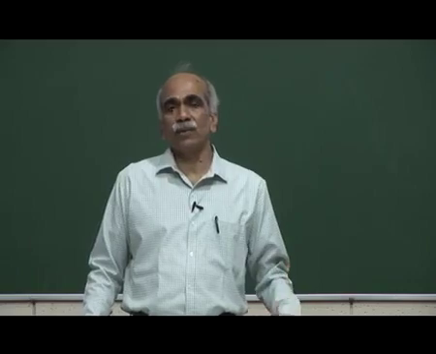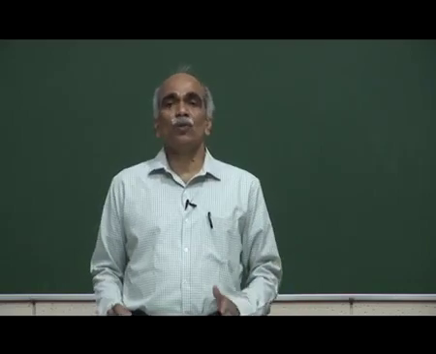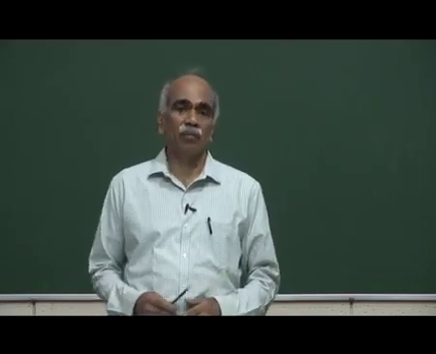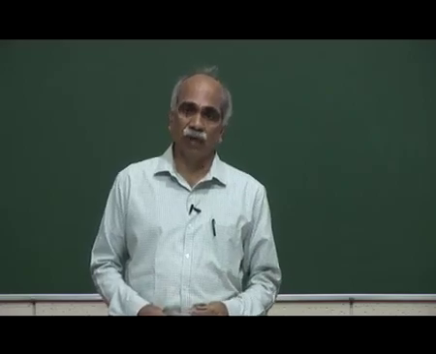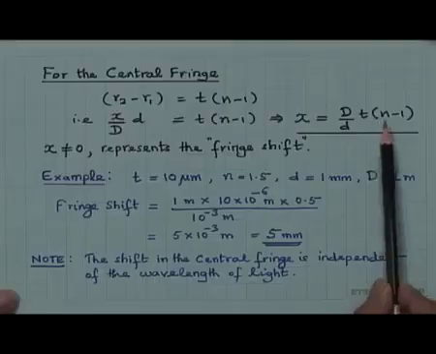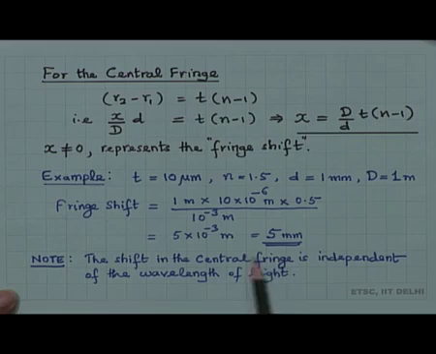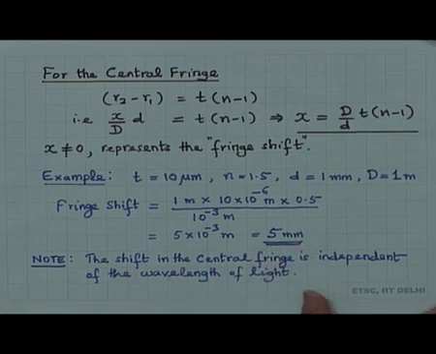There are other techniques available, but this is one of the ways by which you can determine the thickness of a thin film. And therefore, since the shift is independent of the wavelength, we can immediately use white light to determine the shift of the central fringe.